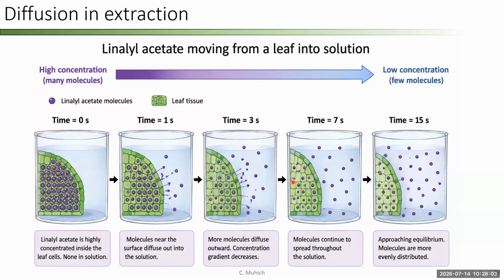And as time goes on, more move out and the concentrations start equilibrating until at the end we've reached equilibrium, and the number of molecules moving out of the leaf into solution is happening at the same rate as molecules moving from solution back into the leaf, right? So this is our equilibrium state.